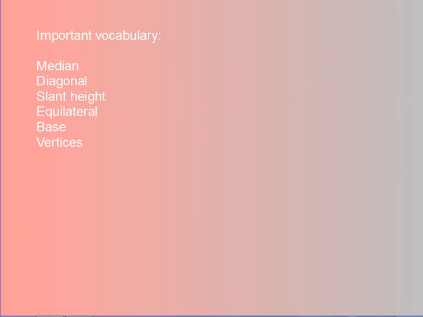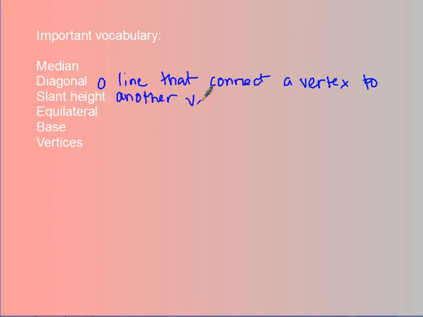A diagonal is a line that connects a vertex to another vertex on a figure. So for example, let's just do a rectangle.